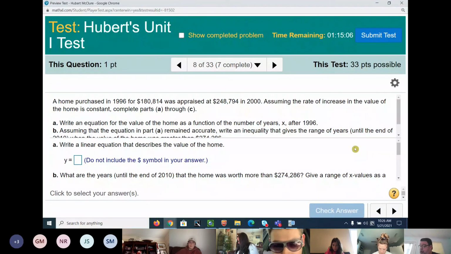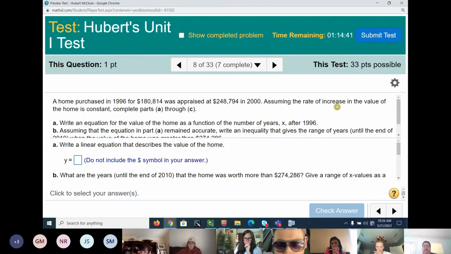M is equal to y sub 2 minus y sub 1 over x sub 2 minus x sub 1. And it looks like to me that a home purchased in 1996 was appraised at $248,000 in 2000.